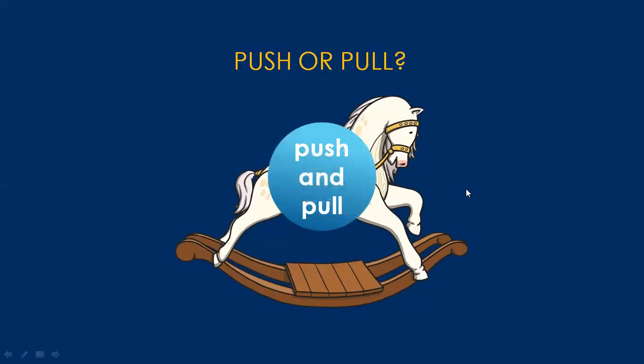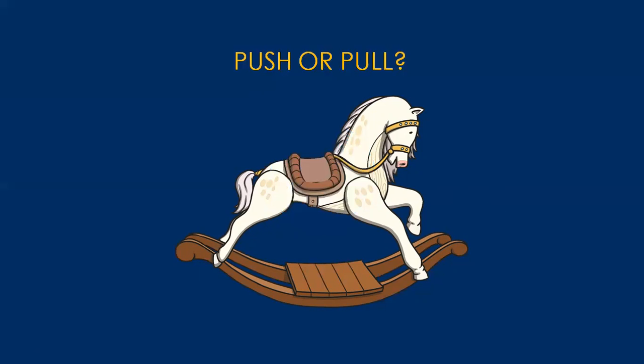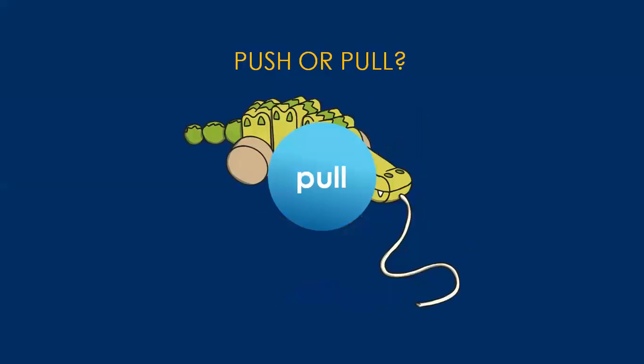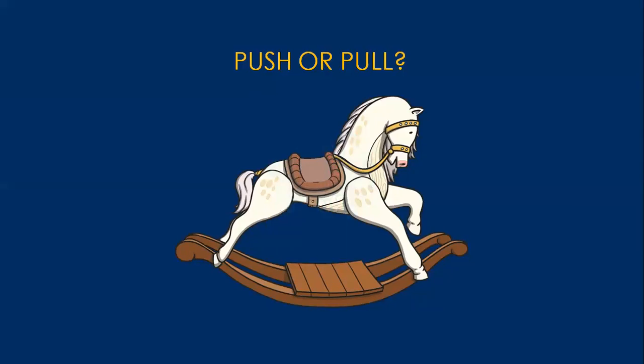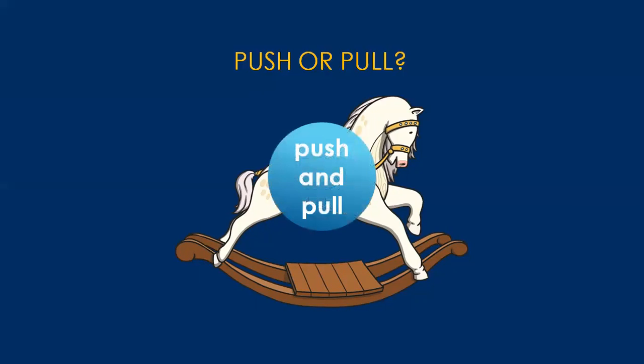When we want to move forward, we use push force, and when we want to move back, we use pull. So there are many things in which we use push force, some in which we use pull force, and also those in which we use push and pull all together.